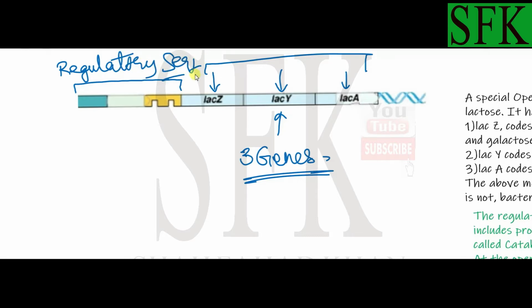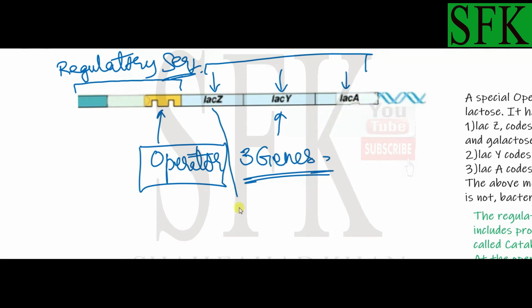Right. So now, in the regulatory sequence, we have the operator region. We have talked about what the operator is and what its role is. It is the site where the repressor molecules come and bind, and it is arranged upstream of the three structural genes. These are the three structural genes. They code for the three enzymes. LacZ, as I told you, codes for the enzyme beta galactosidase.